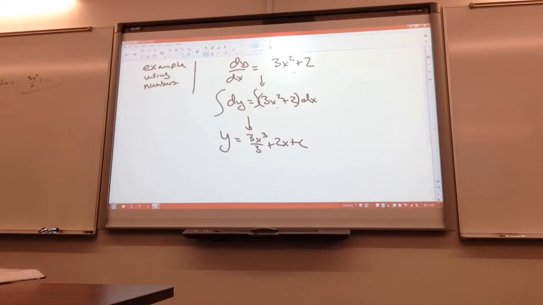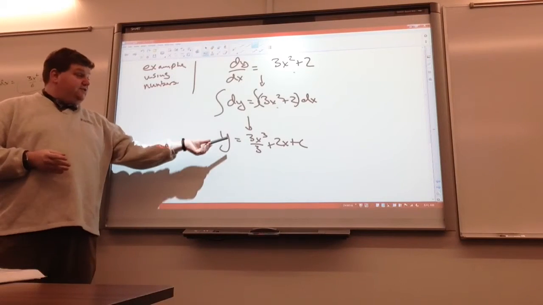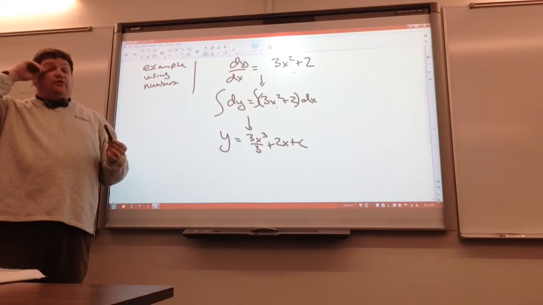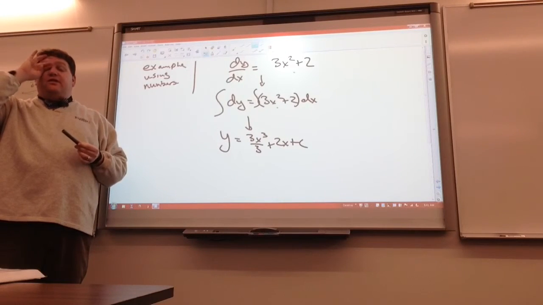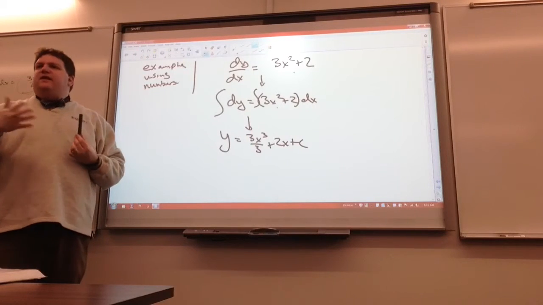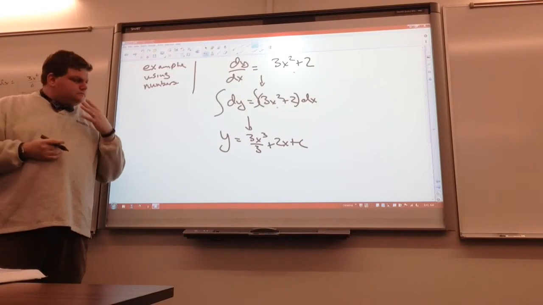Now, a lot of times you're going to be asked to solve the differential equation. You could be told to solve it in the general sense, in which case you're done once you get it in terms like this. Or you might be told to solve it for a specific point, and that's where things get a little bit different.